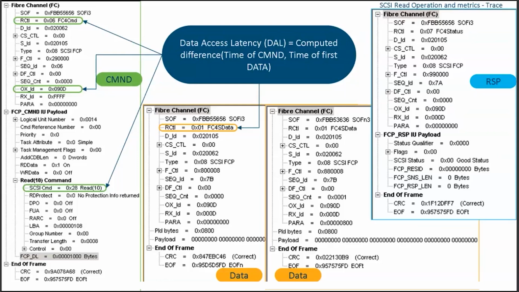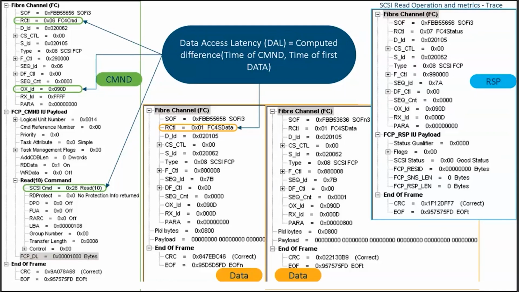Paresh, one question. It can be a very minor detail, but just to understand, commands are coming from hosts and responses are coming from targets. So when you say compute the difference between the time of command and the time of first data, I believe the time of command frame is taken on the ingress port into the switch toward the host.